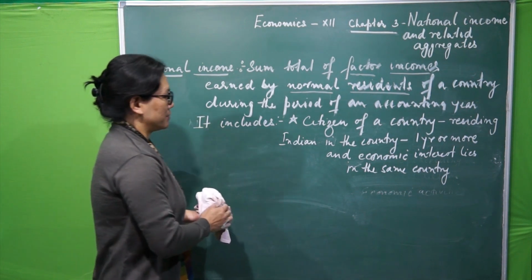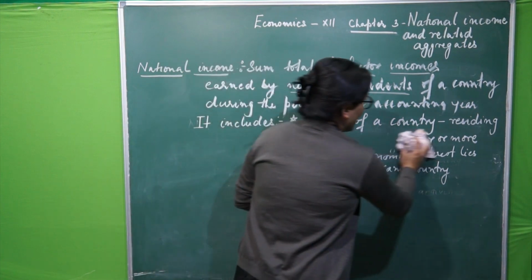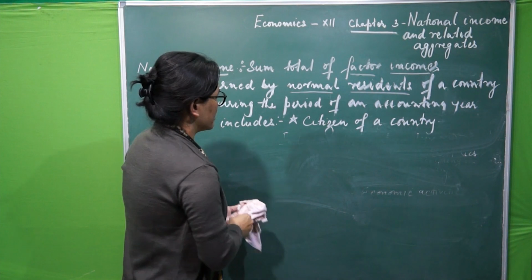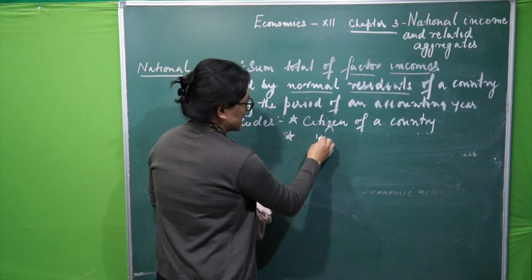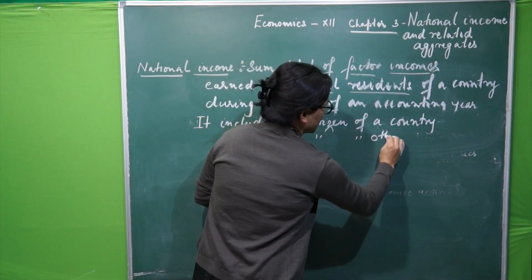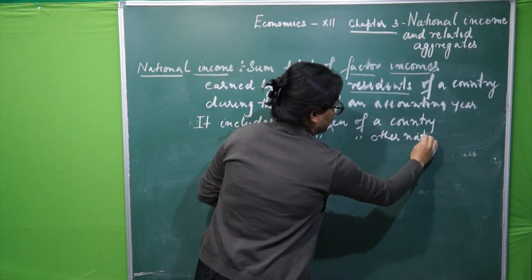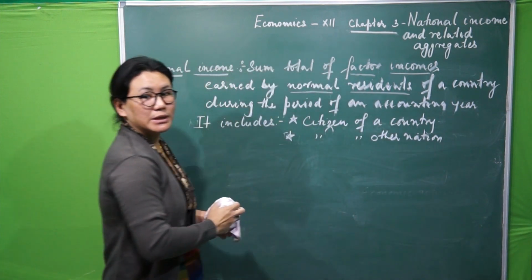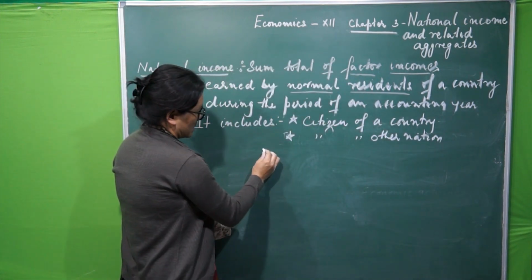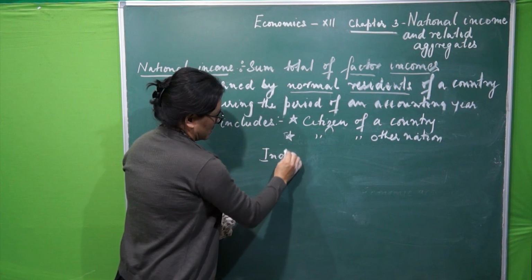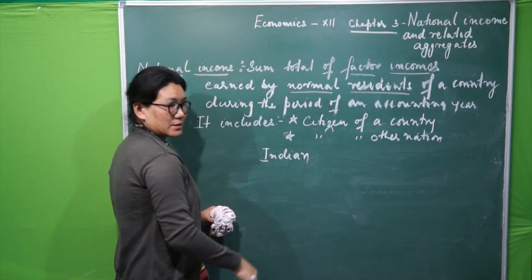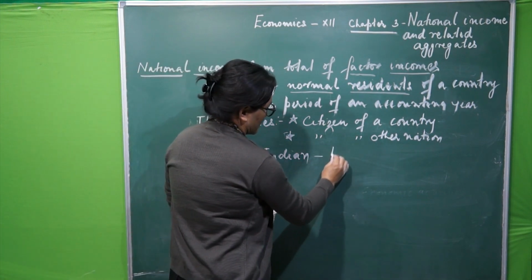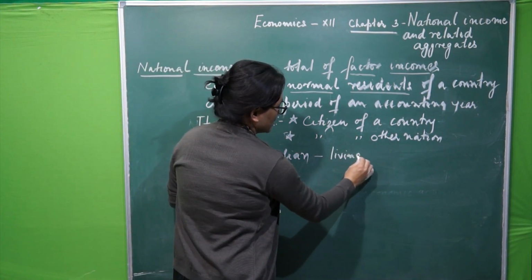The second one is citizen of another nation. In this, I'll take a very simple example: an Indian living in USA.